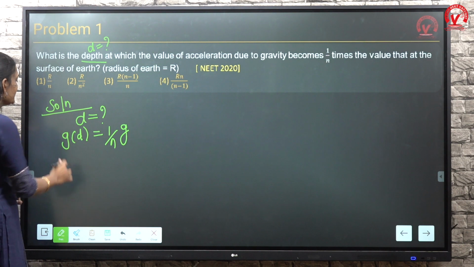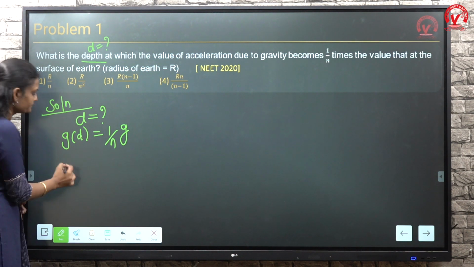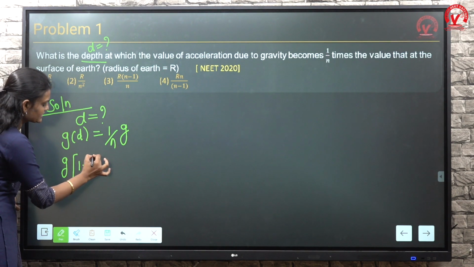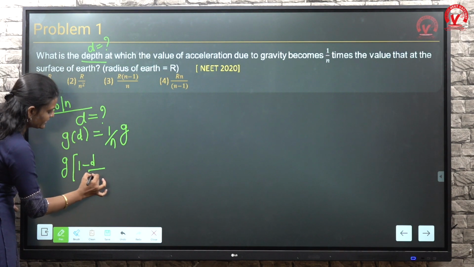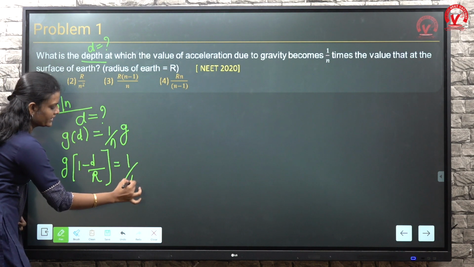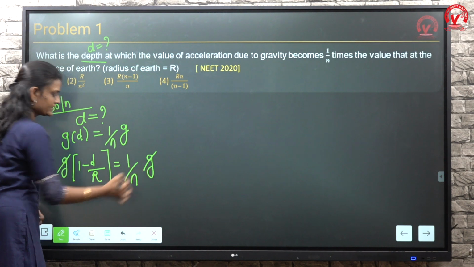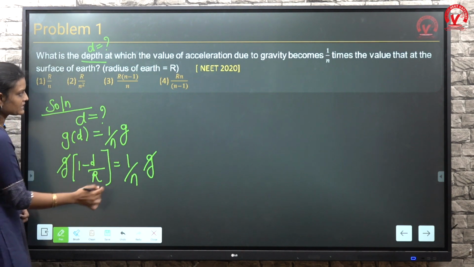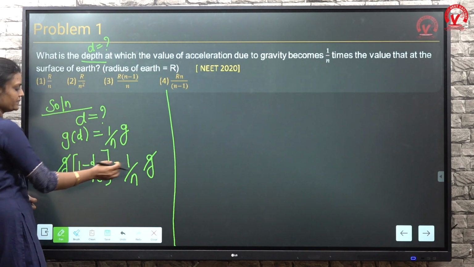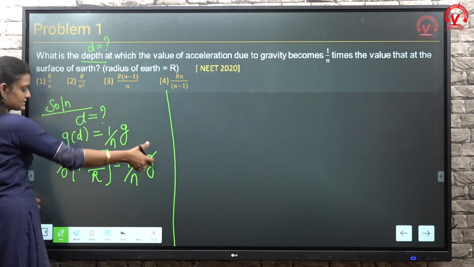Keeping the acceleration due to gravity at the surface of the earth as g, we know the formula for acceleration due to gravity at depth: g(1 minus d divided by R) is equal to 1 by n g. Now this g gets cancelled. I am going to keep this term here and take the other term to this side.